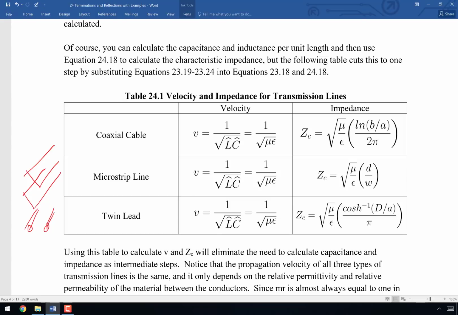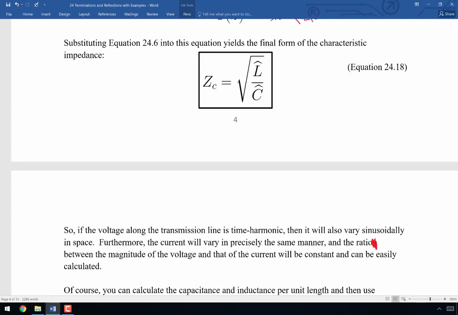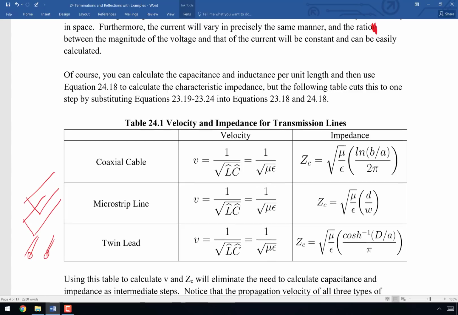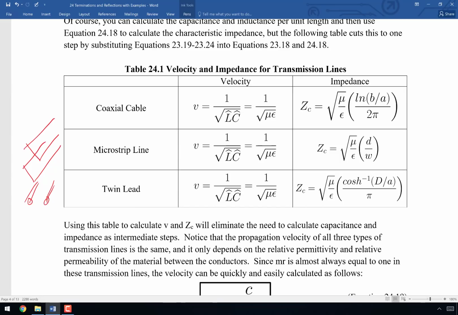So this is just a shorthand notation that includes both the free space quantity multiplied by the relative quantity. Furthermore, if we plugged in the quantities for L hat and C hat into this equation, which is our big master equation from the first 4 pages, we would find these equations for the characteristic impedance of each of the three types of transmission lines.